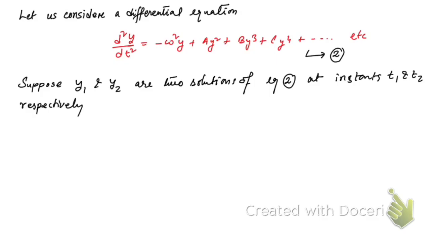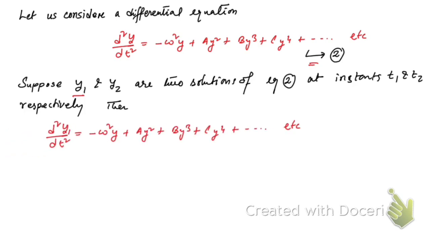Then equation number 2 can be written as the second order derivative of y1 with respect to time t. Let me copy this equation, so it will be easier to write.